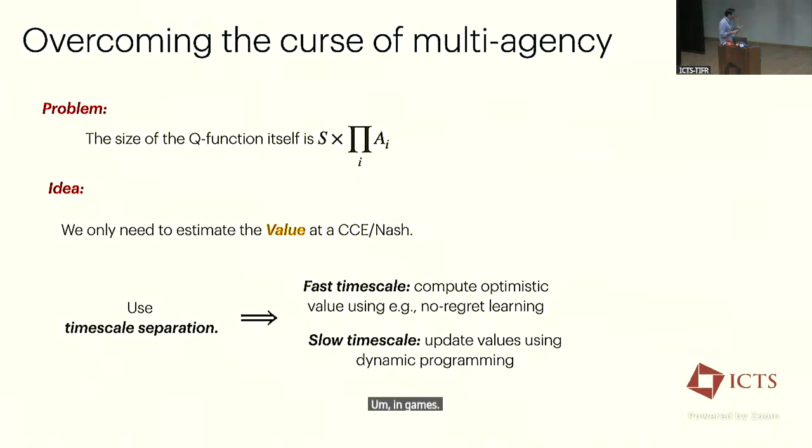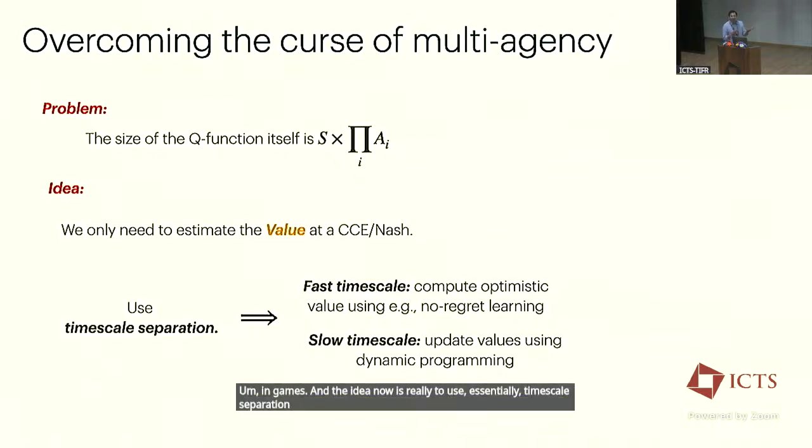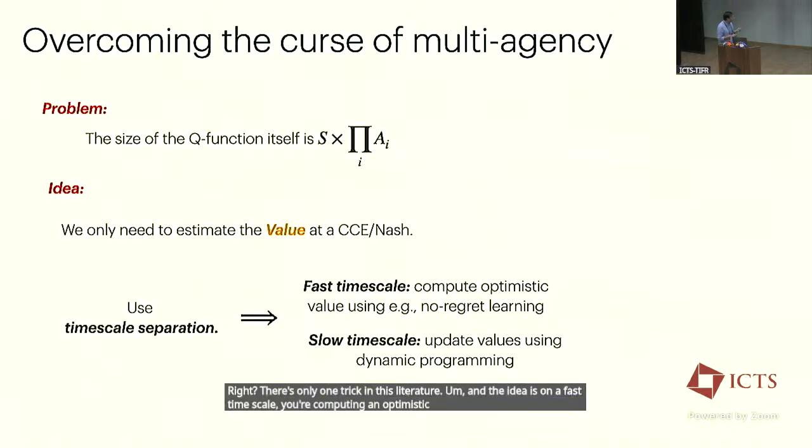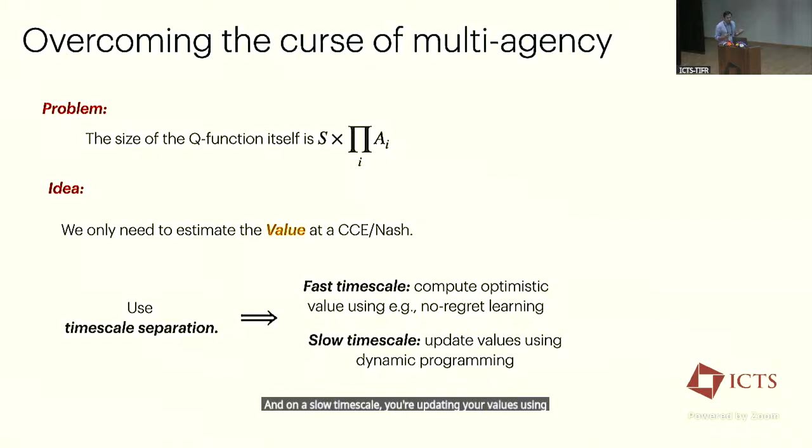The key tool is timescale separation. There's only one trick in this literature. On a fast timescale, you compute an optimistic value based on no regret learning, and on a slow timescale, you update your values using dynamic programming. We'll see what that looks like on the next slide.